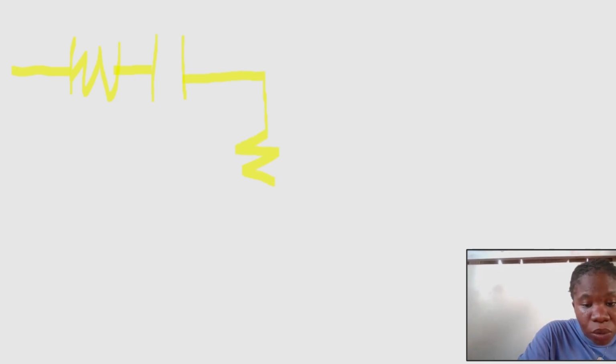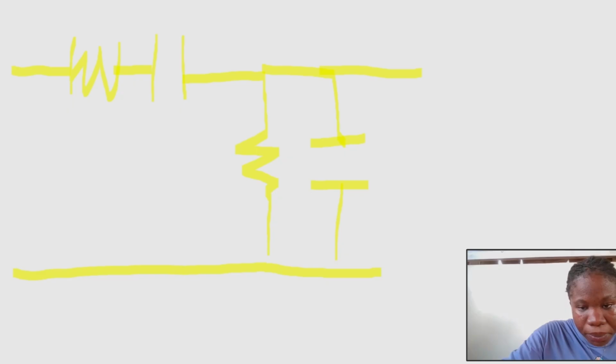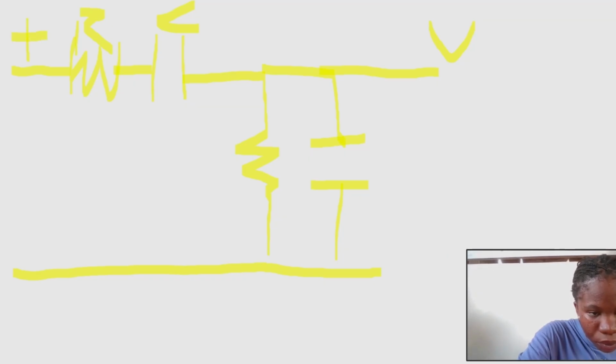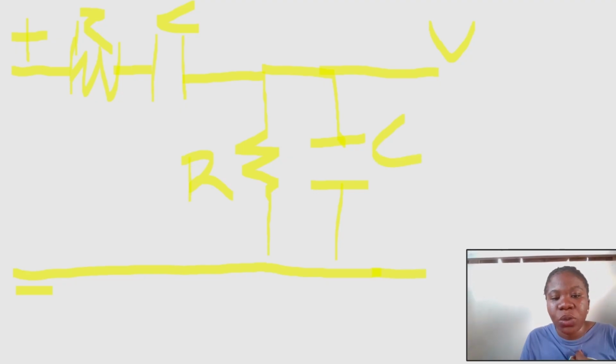And at the output node, the second resistor is connected to the second capacitor in a parallel format. Okay, so this is the circuit from which we are deriving the transfer function.